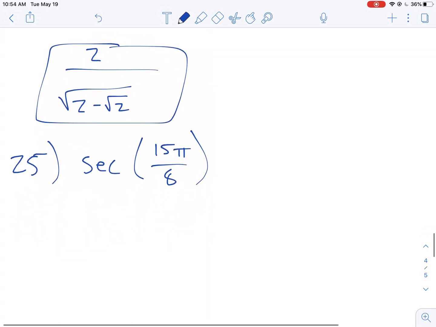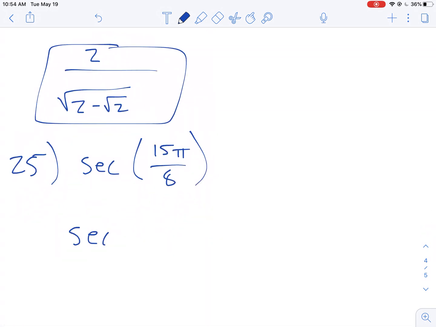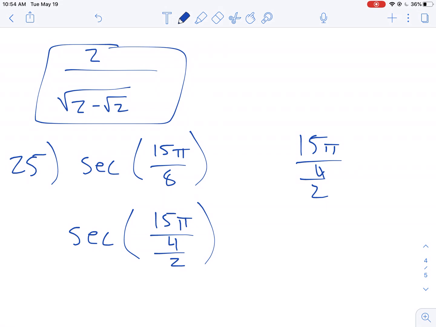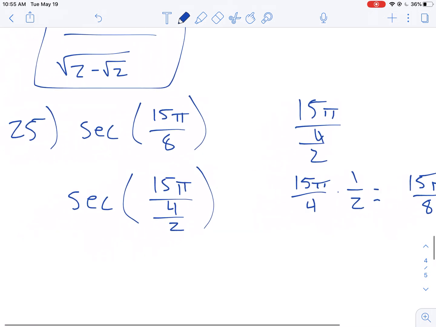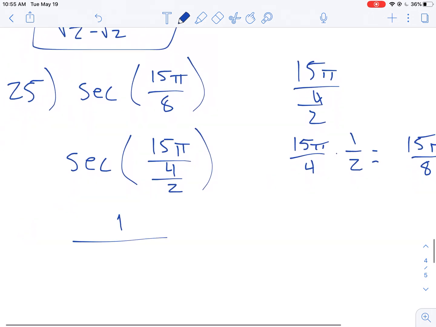Well, again, when we think about this division by 2, we're talking about the secant here of 15 pi over 4 over 2, because 15 pi over 4 over 2 is equal to 15 pi over 4 times 1/2, which is equal to that 15 pi over 8. So this is actually the cosine of 15 pi over 4.